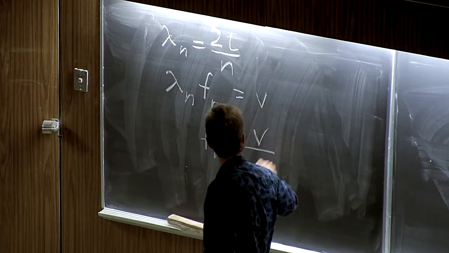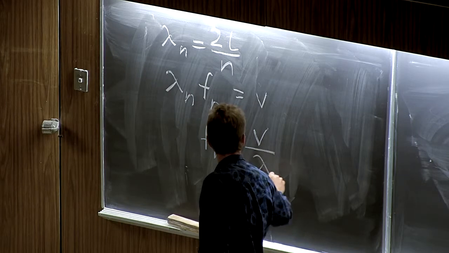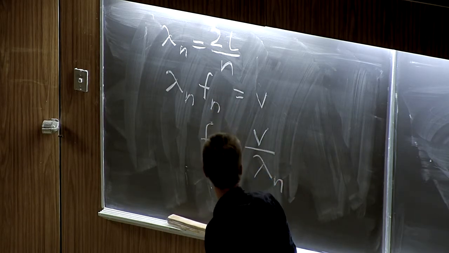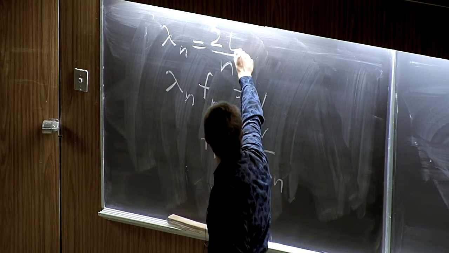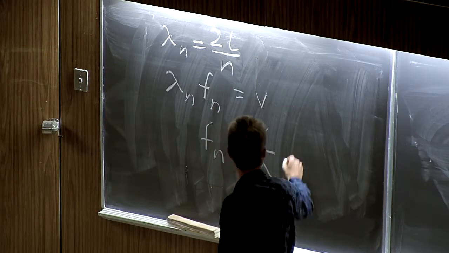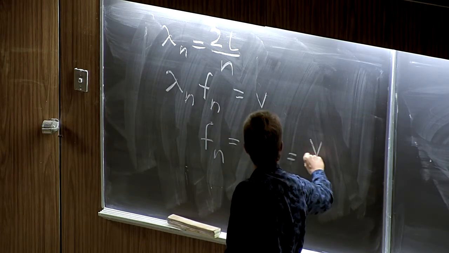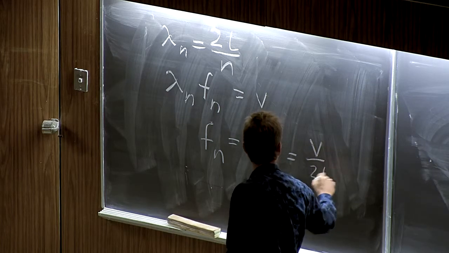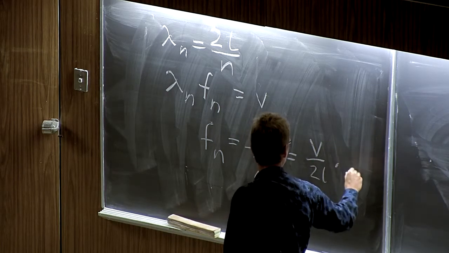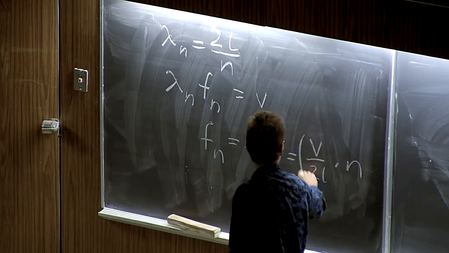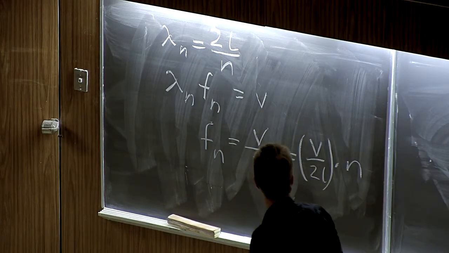It's the velocity v divided by the wavelength. And if we plug in this equation here, then we get v divided by 2L multiplied with n.